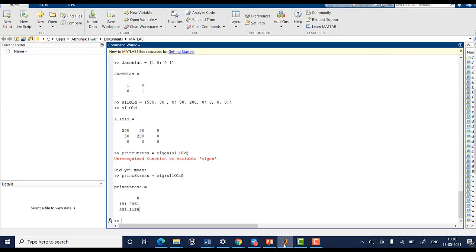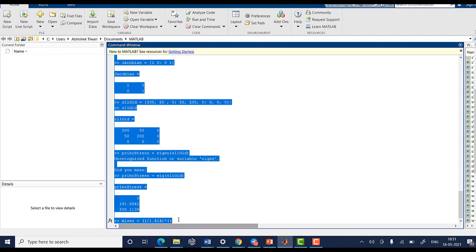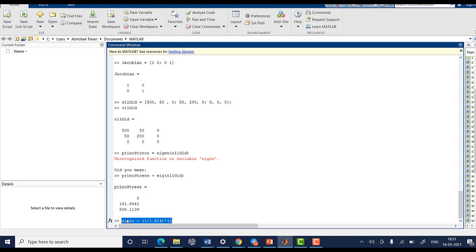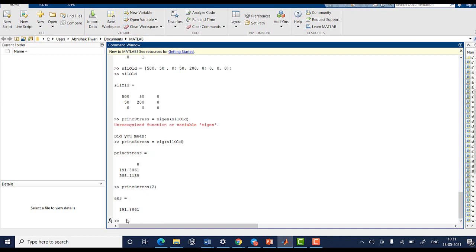So what did we do? We have principal stresses here, then Mises will be equal to 1 divided by square root 2. I can simply write 1 by 1.414 into, then I have to write 508 point, or can I write, principal stress is a vector, right? Principal stress is a matrix, so if I write prin stress 2, okay, this is working. So I can write stress 1 minus stress 2, and then let us just copy this. Here I don't have to write 3 minus 1.